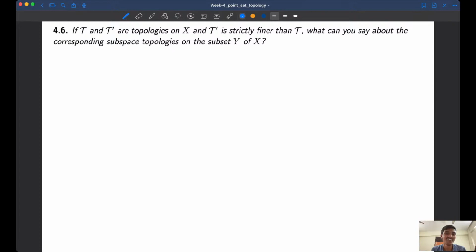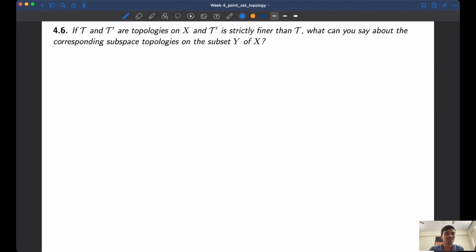I think they will also be strictly finer. Will it follow strictly? It may not be. It will surely be either equal or finer, but need not always be strictly finer.